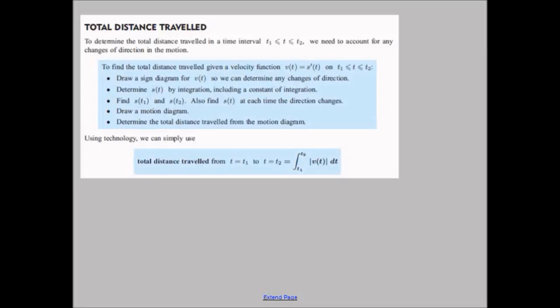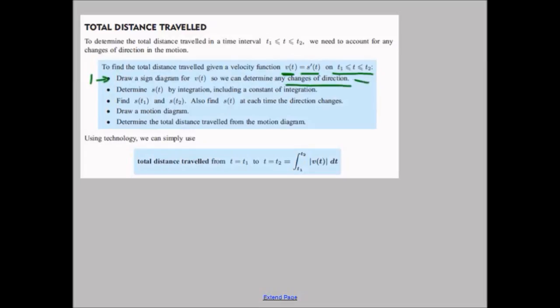All right, distance traveled though, if we have some changes in direction. So let's follow these steps. Total distance traveled: to find the total distance traveled given a velocity function, or the derivative of the displacement function, we're looking at any time interval from t1 to t2. Step 1 is to draw a sign diagram for that velocity function so we can determine the changes in direction.